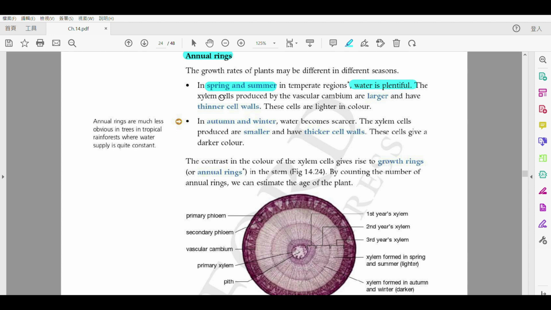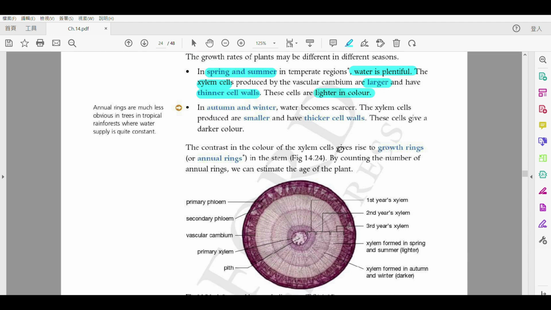Therefore, the xylem cells will be larger in size and they have a thinner cell wall. If you remember, during cell differentiation, they develop a thicker cell wall. Since they have more water, they're larger in size and they usually have a thinner cell wall. They're also lighter in color.